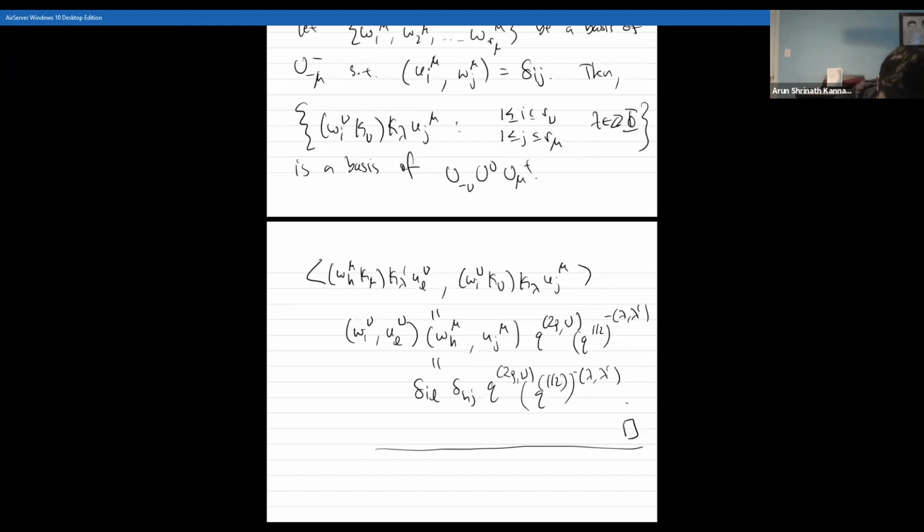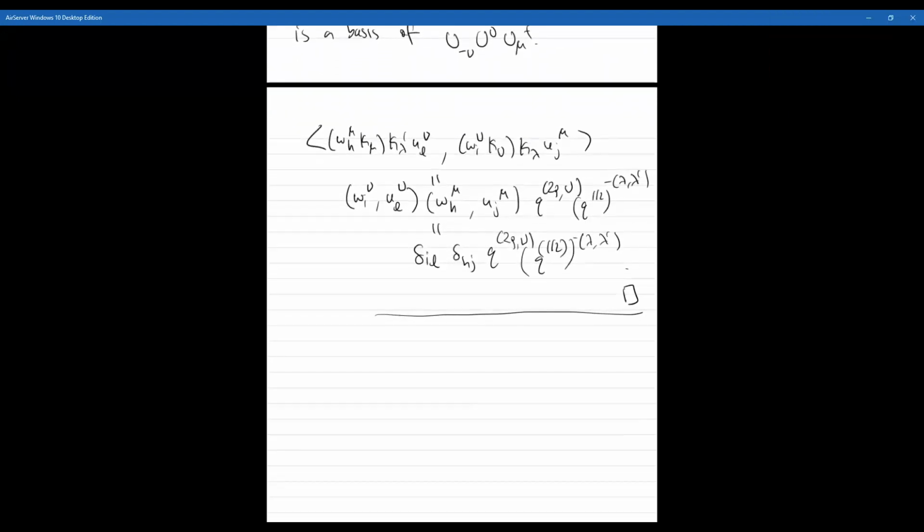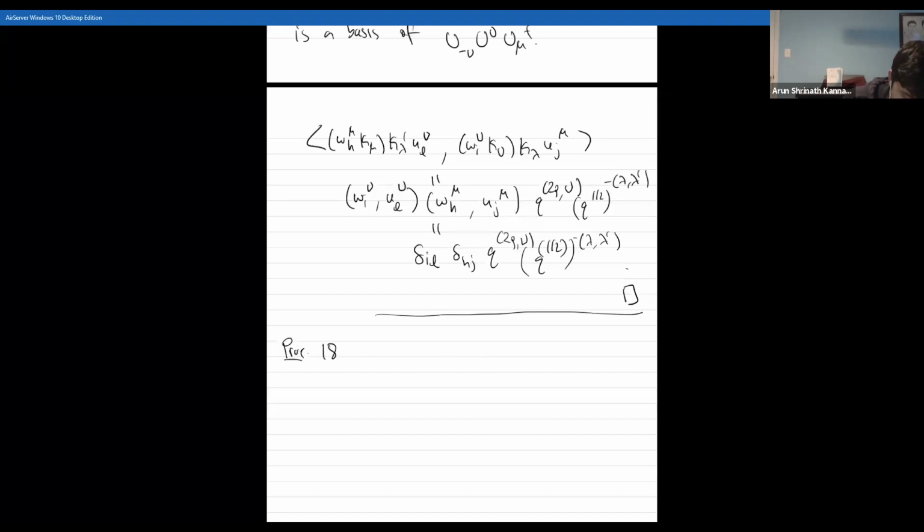Okay, so a key fact here is the following proposition that I mentioned, which is that u in U is invariant under the adjoint representation if and only if u is central.